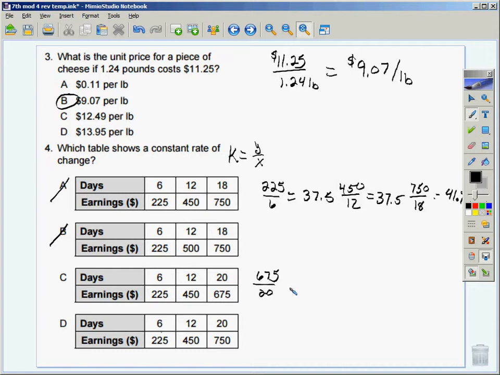And when I do 675 divided by 20, it gives me 33.75. It's not C. It's going to have to be D, but let's take a look. 750 divided by 20 gave me the same values that I got up here, 37.5. So I can see that my K stayed constant, which is why D is the correct answer.